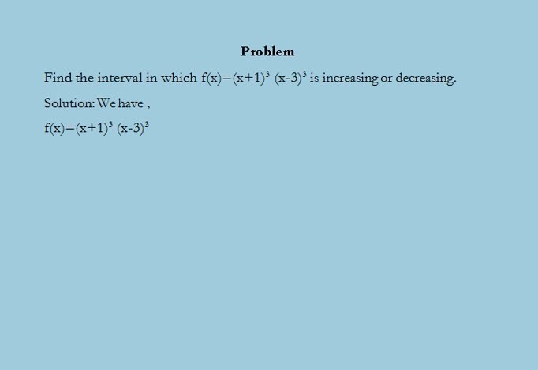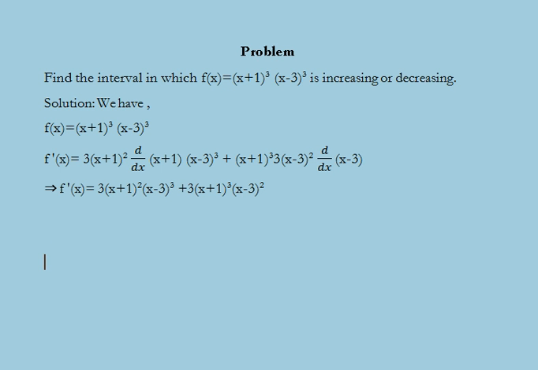Now in this question we have f(x) equal to (x + 1)^3 (x - 3)^3, and in order to solve this problem we need to evaluate the derivative of this function f(x), which is f'(x) and is equal to 3(x + 1)^2 d/dx of (x + 1) times (x - 3)^3 plus (x + 1)^3 times 3(x - 3)^2 d/dx of (x - 3).